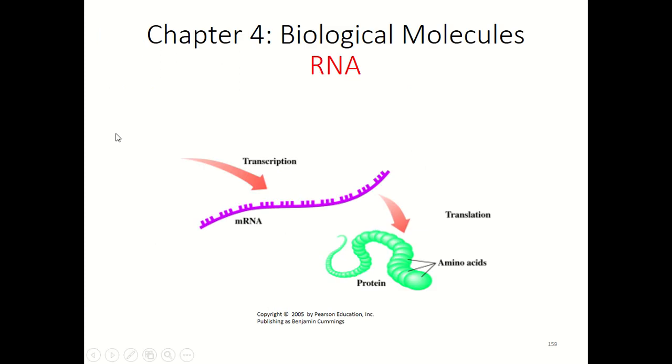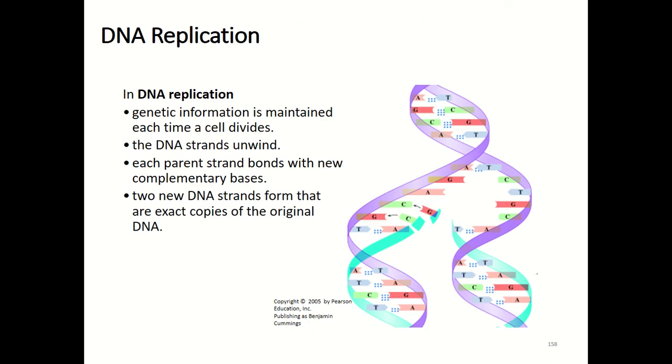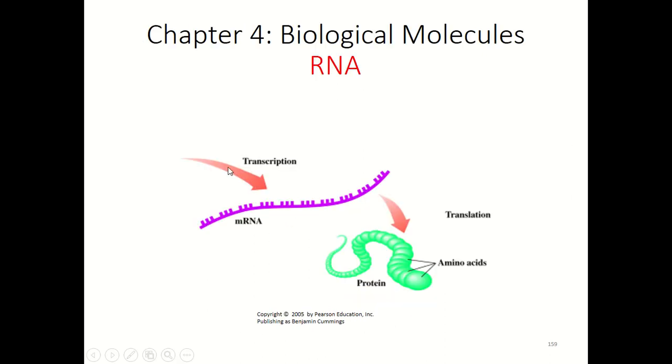Okay, and the one that I mentioned just now, the new copy of the DNA will be used as a template to make the mRNA, and the mRNA later will be used to make the protein through a translation process.